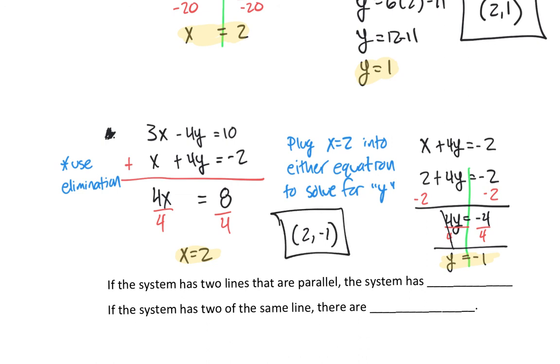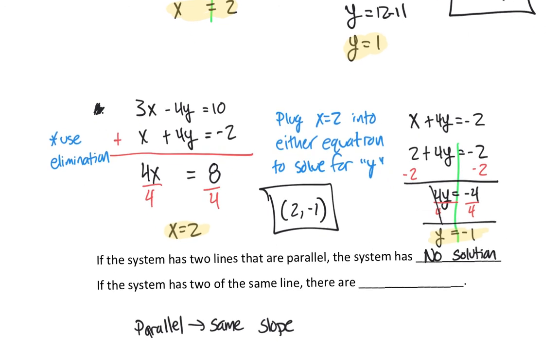And so finally, down here at the bottom, and we'll talk more about this at a later date, if the system has two lines that are parallel, and remember that word parallel, it's probably worth writing down here at the bottom. It means that they have the same slope. So if two lines have the same slope or they're parallel, we say that the system has no solution.